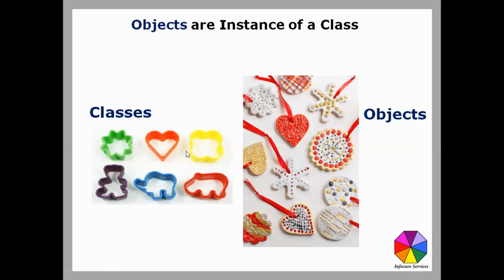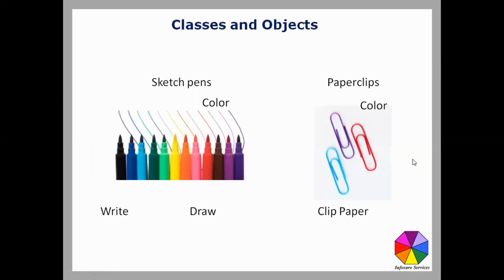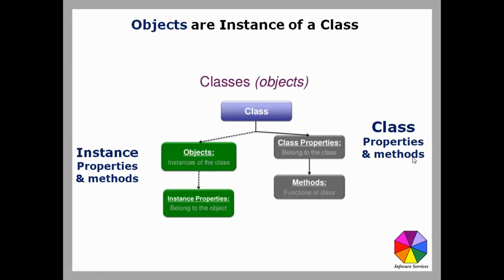However, the cookie cutter is not the cookie, right? The class has its properties, the object has its properties. So when I say class properties and methods, this is the object properties and methods. So keep in mind the class and the instance of that class are not the same thing. This is an object, this is a class.